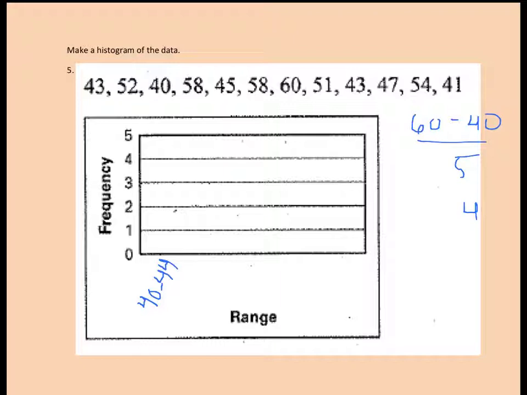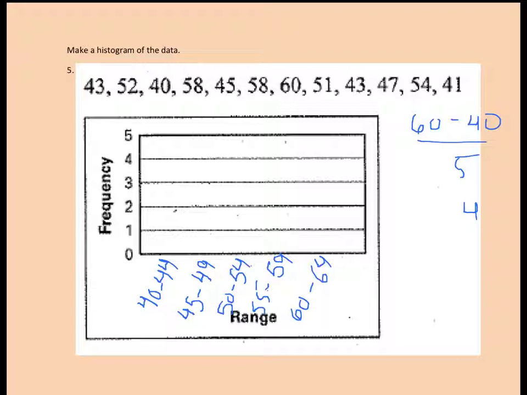And then 45 to 49. 50 to 54. 55 to, nope, not to 60. We can't change the interval. To 59, 60 to 64. Okay?